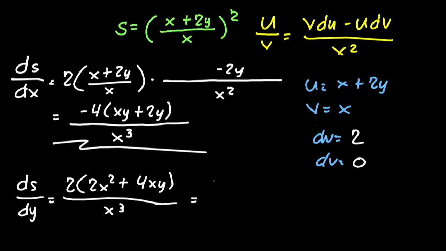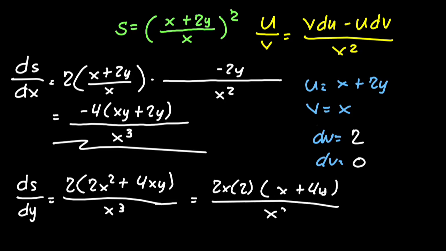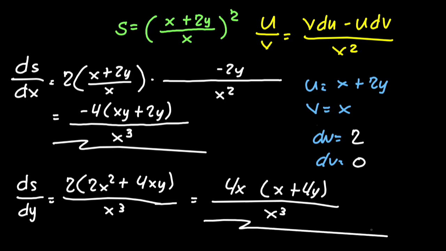So this would be 2x multiplied by x plus 2y over x cubed. 2x multiplied by 2 is simply 4x. So this would be your final answer, 4x multiplied by x plus 2y, over x cubed.